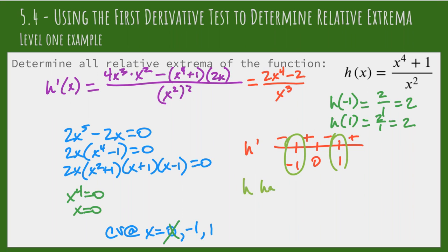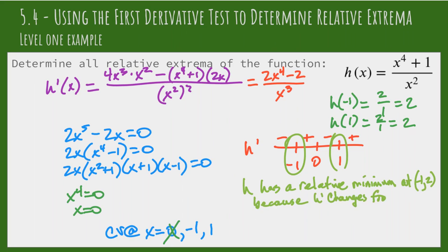So h has a relative minimum at -1, 2, because h prime changes from negative to positive.